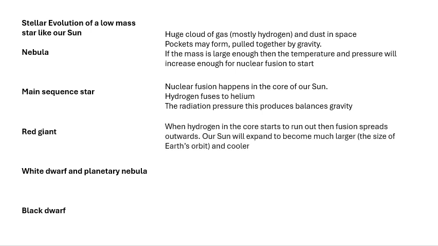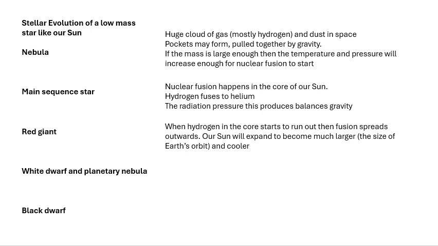At some point, the hydrogen in the core will start to run out, and then the fusion will spread outwards. And when this happens, our sun will expand. It will blow up like a balloon, and it will become much, much bigger. The Earth will be swallowed up. It will become much bigger and cooler.